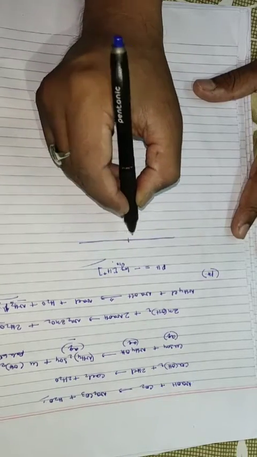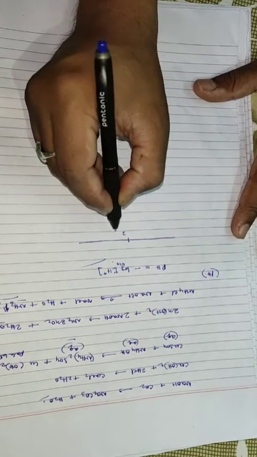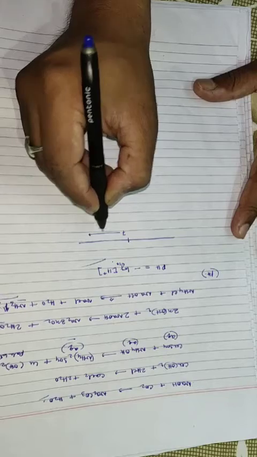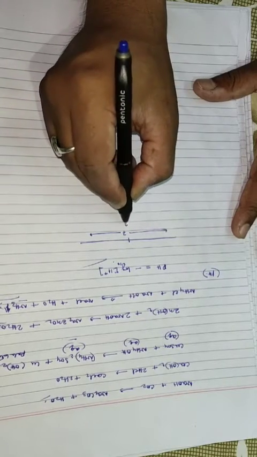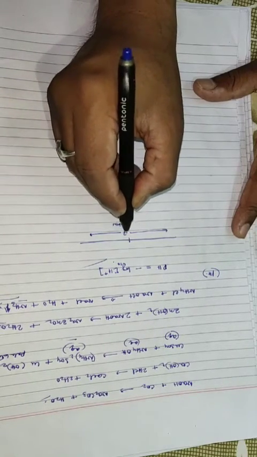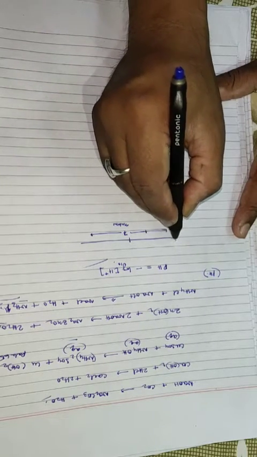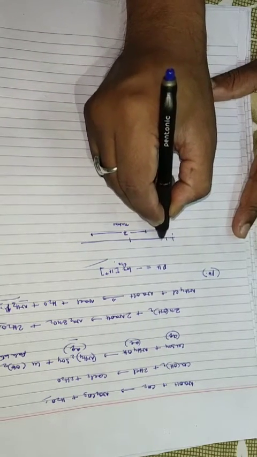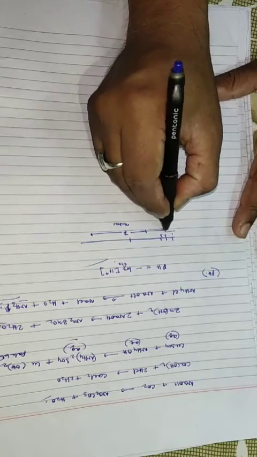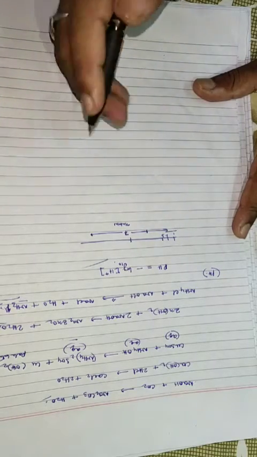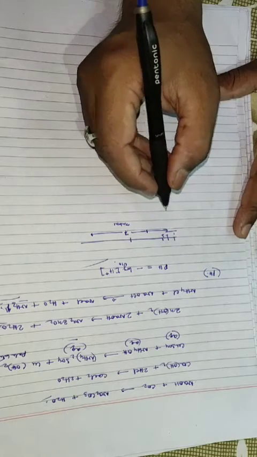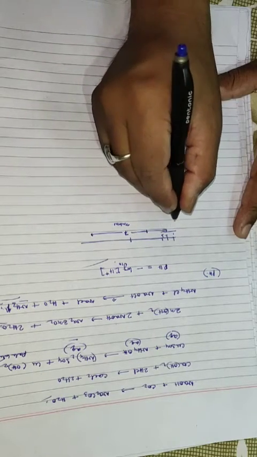Say this is your 7, and this is neutral. If it is less than 7, then it is an acid. Any acid whose pH value is 1, 2, 3 is called a strong acid.